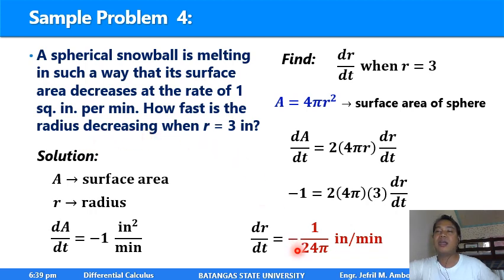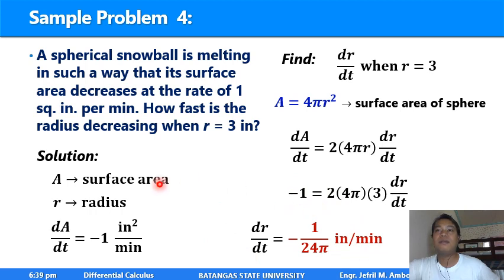It's only natural for us to get a negative answer. Of course, that is not very important because we are after the magnitude here. So this is the magnitude at which the radius is decreasing at the instant when the radius is equal to 3. Okay? So, I hope you are able to understand this problem.